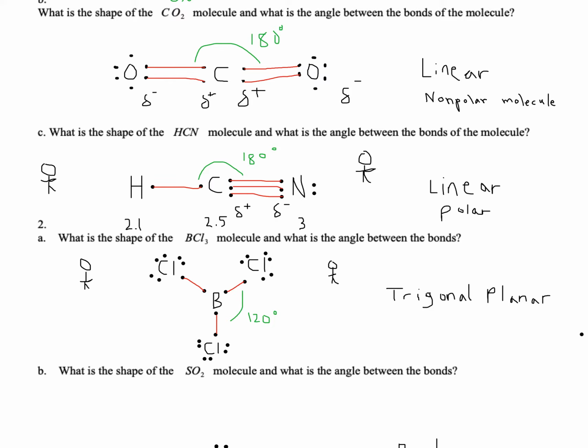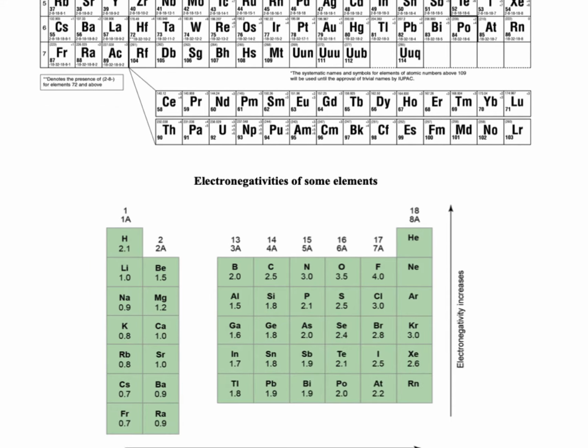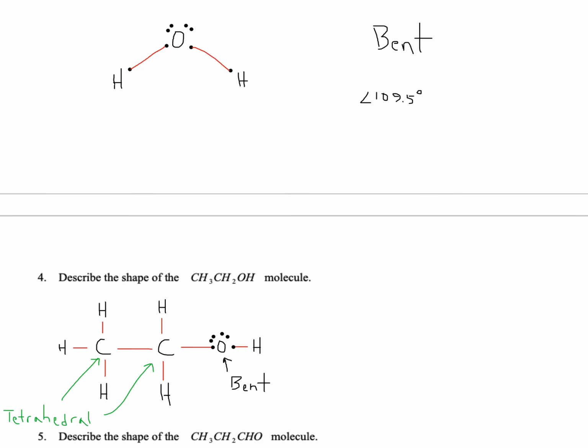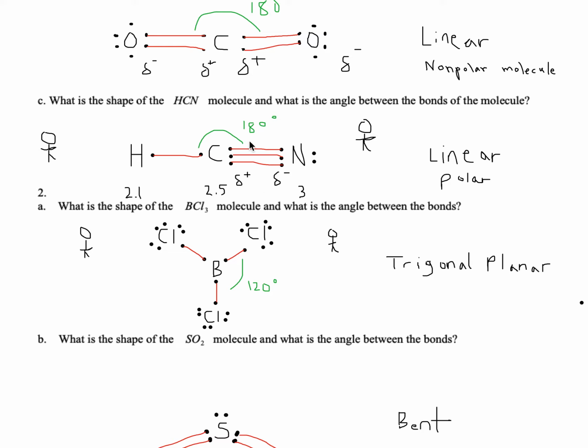Let's see what the electronegativity difference is between boron and chlorine. Boron has 2.0 for its electronegativity. Chlorine has 3.0. That's a difference of 1. So these actually are polar bonds. And we can just signify that with our delta here.